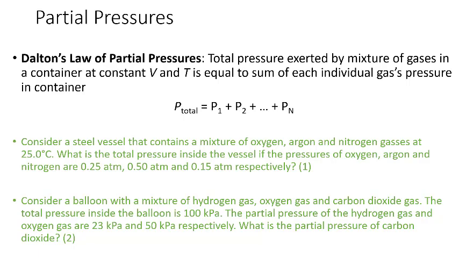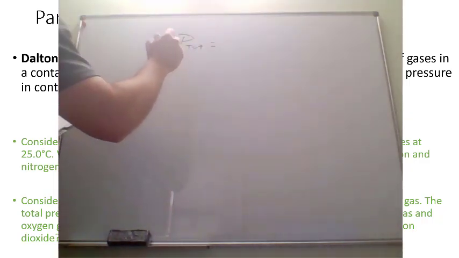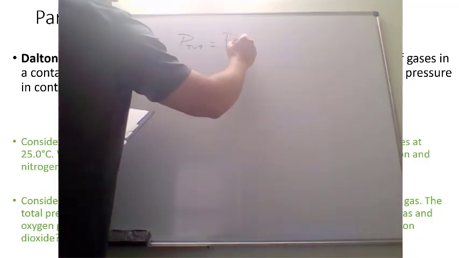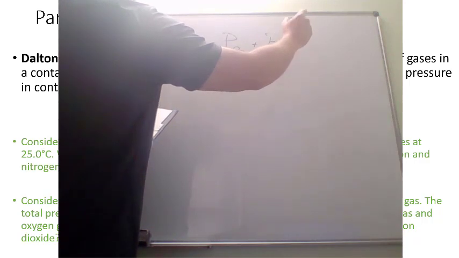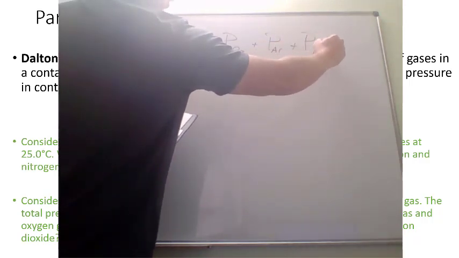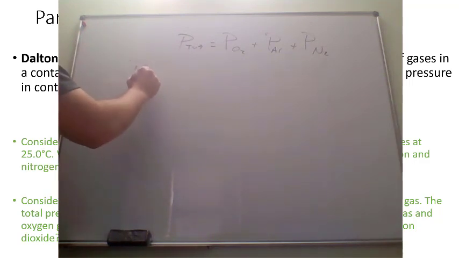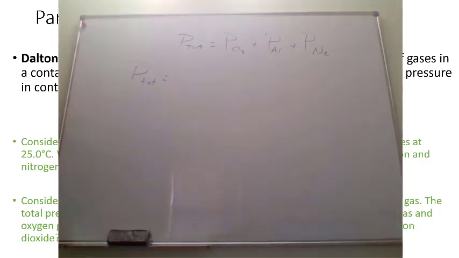Dalton's law of partial pressure states that our total pressure is equal to the pressure of our individual gases. In this case, we have the pressure of oxygen gas plus the pressure of our argon gas plus the pressure of our N2 nitrogen gas. We can simply input all of our individual values. The units for these individual pressures don't matter as long as the units are the same.